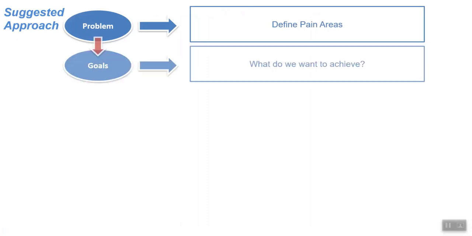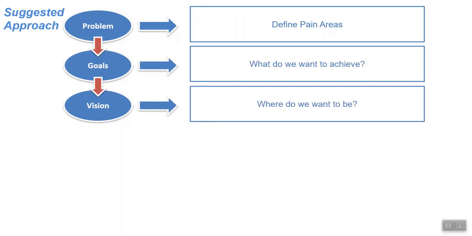Let's dig a bit deeper here into the suggested approach for digital transformation. So at the business level, some steps have to be completed first. For example, defining the current pain areas. This has to be done by the business team. Identifying the organization goals for the future.